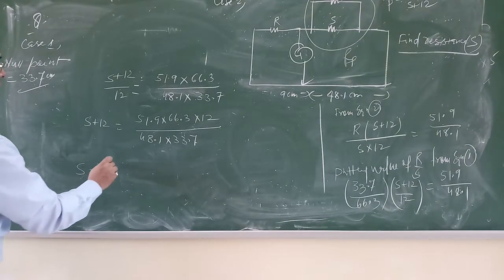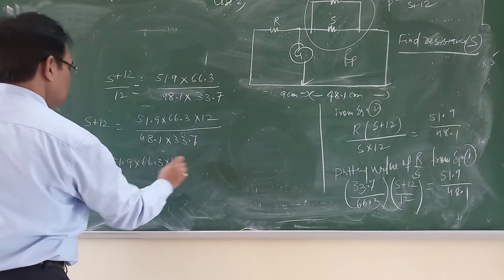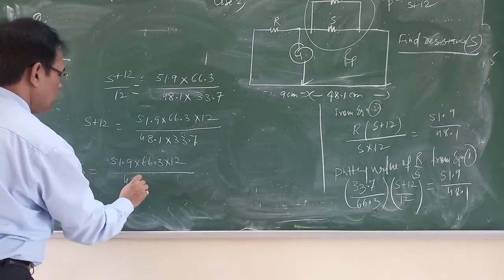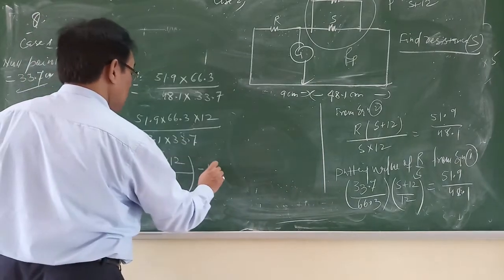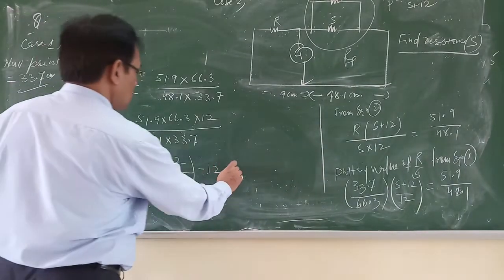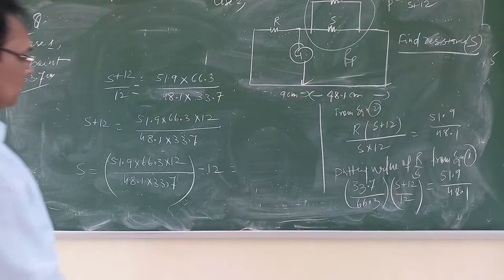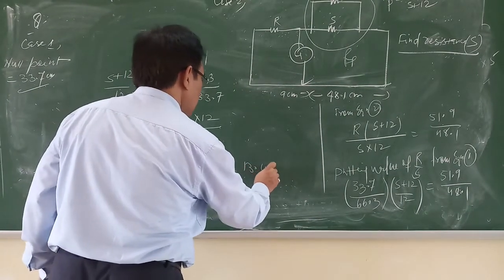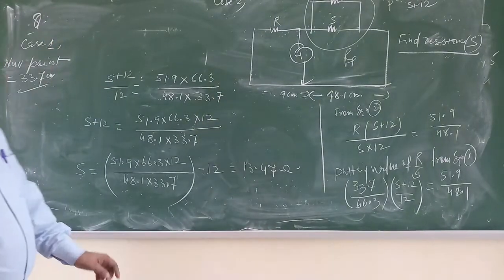Therefore, S equals 51.9 into 66.3 into 12 divided by 48.1 into 33.7, minus 12. So you will get the value after solving it. This value will be 13.47 ohm.